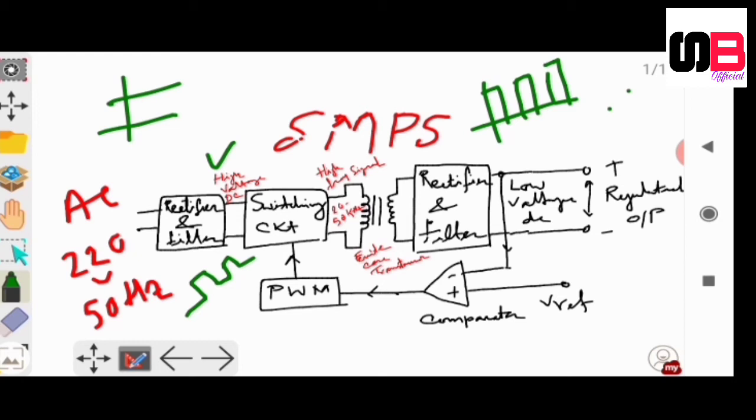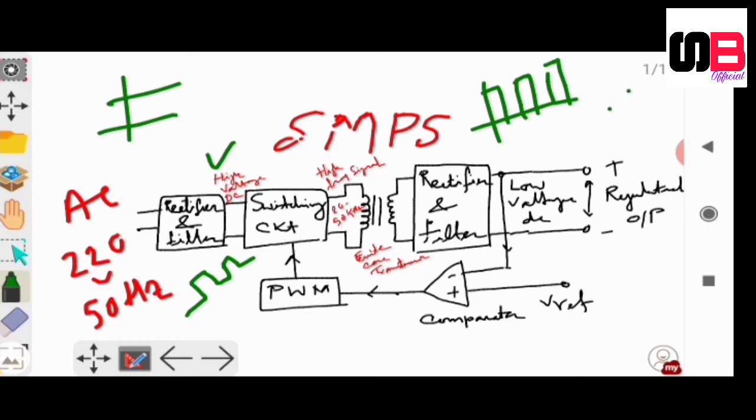This error voltage is directly given to the PWM modulator, and as per the error signal, the PWM modulator produces the pulses which directly control the output of the SMPS.